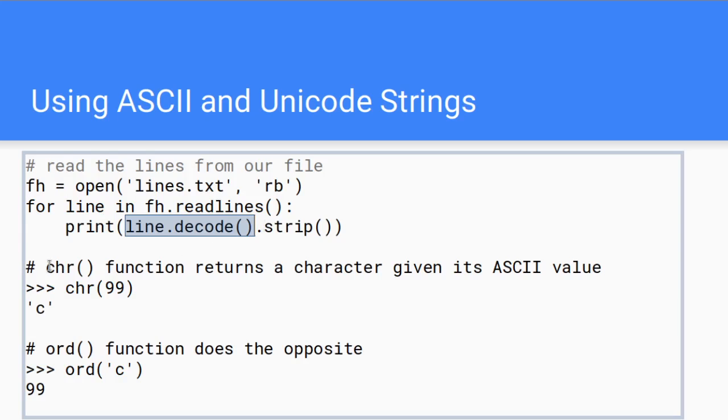And the chr function, given its ASCII value, will return a character. chr(99) returns C. And the ord function is the opposite. If you give it a C, it'll tell you the ASCII value 99.